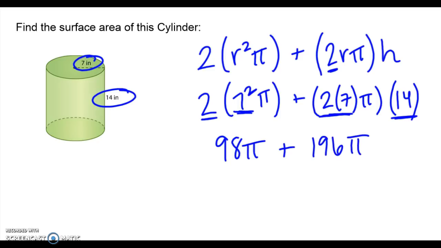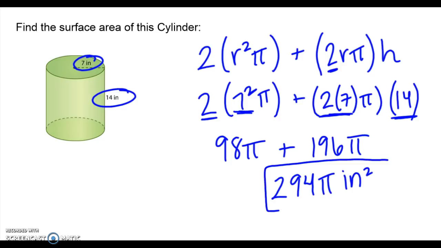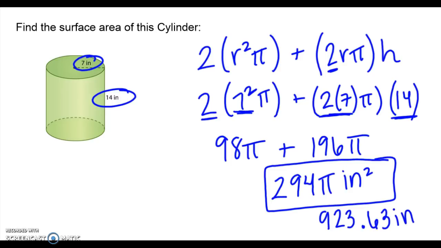And if we add those two together, we get 294 pi inches squared. Now for those of you who maybe like the decimal a little better, hopefully you got 923.63 inches squared. But terms of pi, I think, is always nicer to look at.